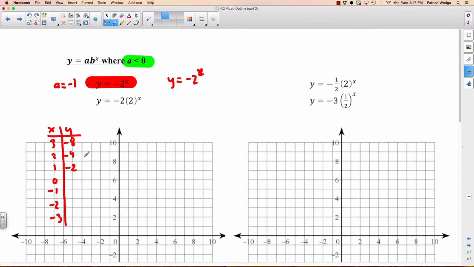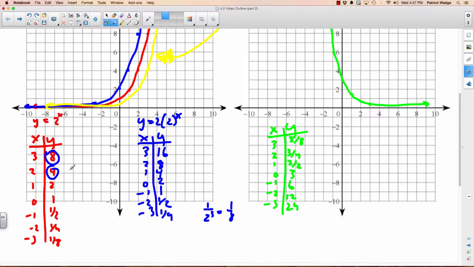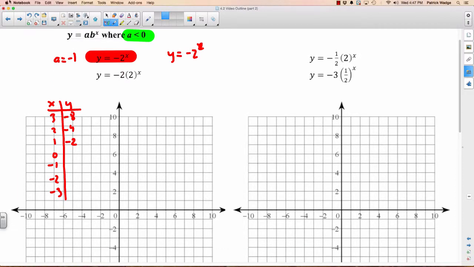Do you see this is exactly the same as the very first graph we did, the y equals 2 to the x, except all the values are going to be negative, right? If you look back here, we had 8, 4, 2, 1, and now we're having negative 8, negative 4, negative 2, negative 1, and that makes sense because all we're doing is multiplying all those original values by negative 1. 2 to the 0 power is 1, negative 1.